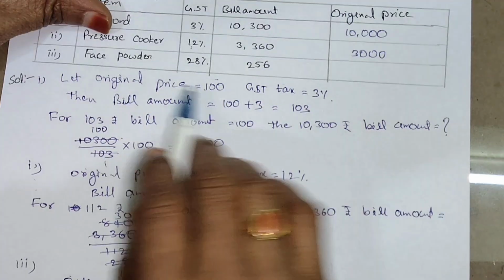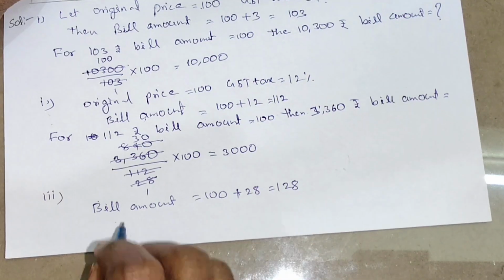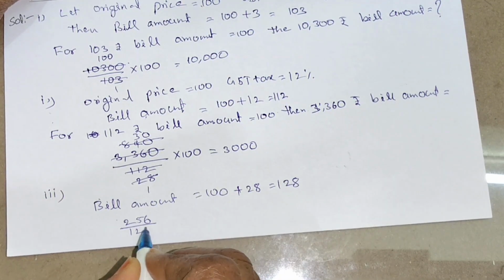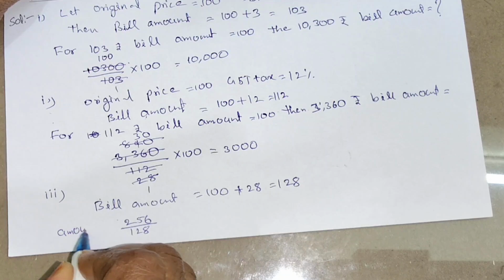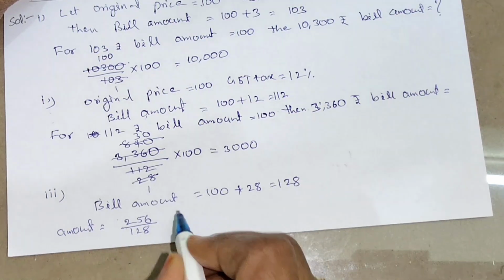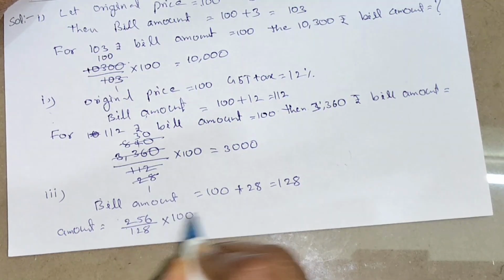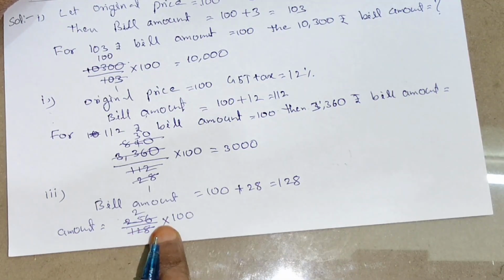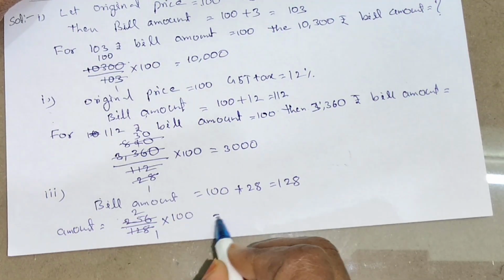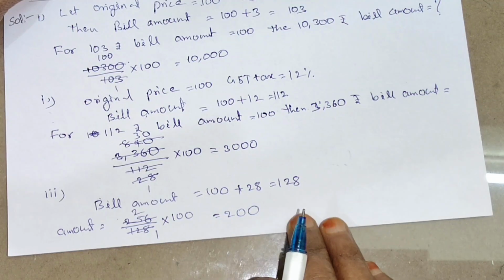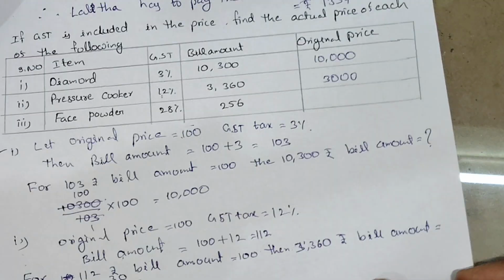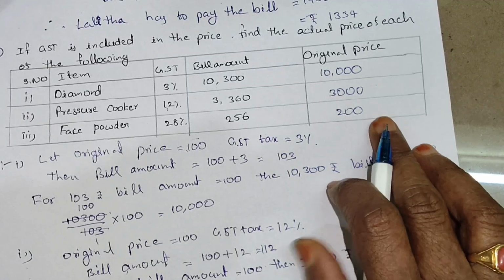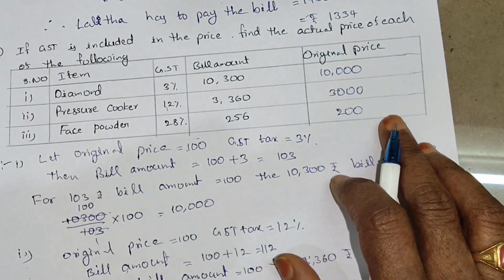Now we calculate for 256: 256 by 128 into 100. 128 ones are 128, twos are 256. So 2 into 100, 200. Here 200 is the final answer, our original price, for the face powder.